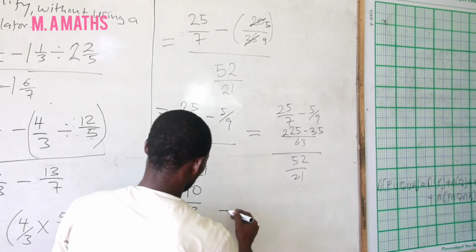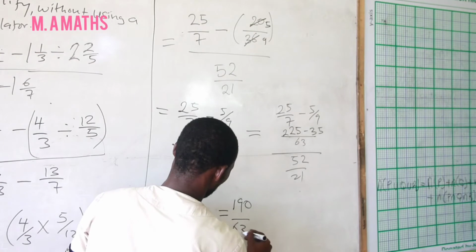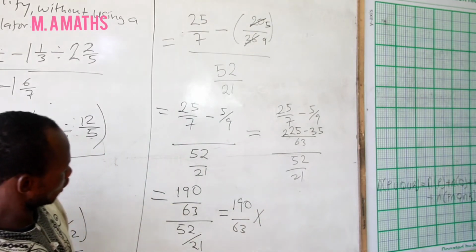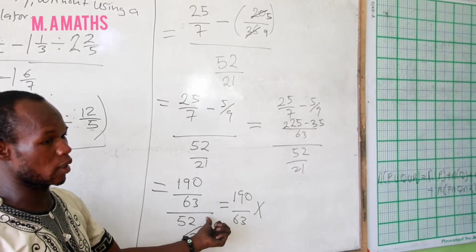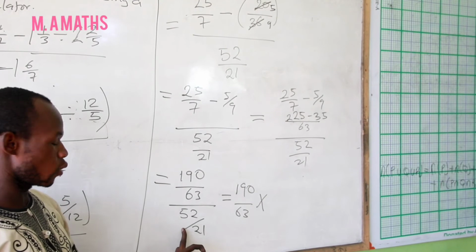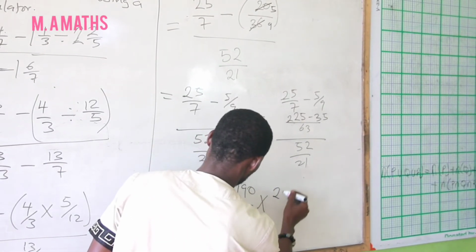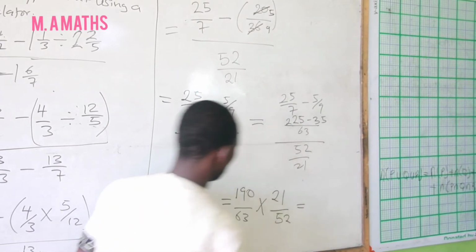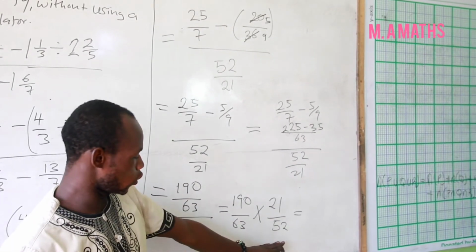And you can write it in this form, 190 over 63 multiplied by, you change the division sign to multiplication and reciprocate the second fraction. That gives us 21 over 52. Multiplying this, we can reduce.